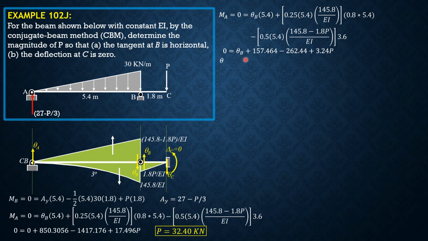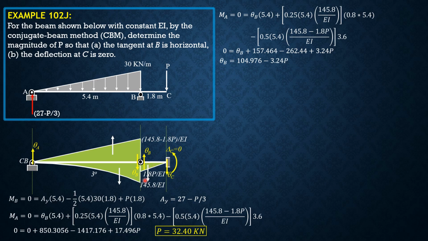So theta B is equal to 104.976 minus 3.24P. And considering BC, summation of moment about C equals 0.